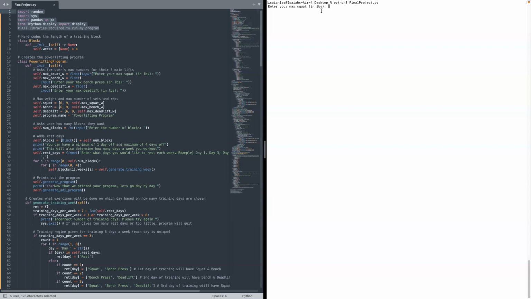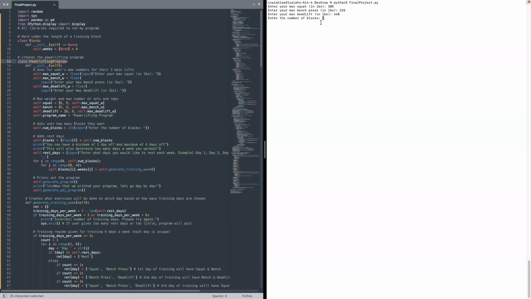So that's given right here. It'll ask max squat, bench, and deadlift. That's right here. This class just basically creates my powerlifting program. So my max squat is 385 pounds, and my max bench is 225, and my max deadlift is 440.